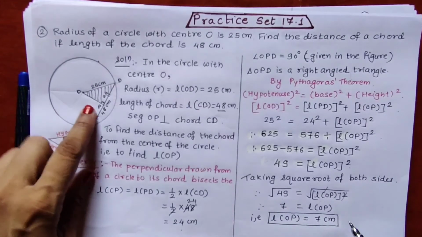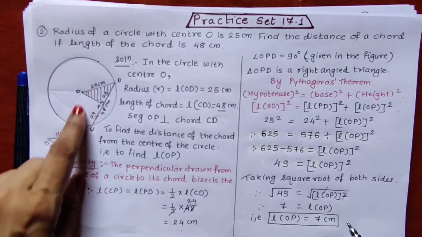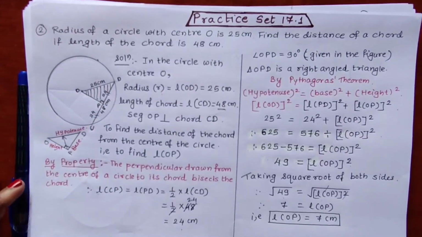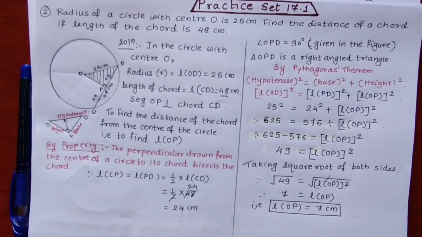And length OP is nothing but the distance of the chord from the center of the circle. So we can write the answer statement here.